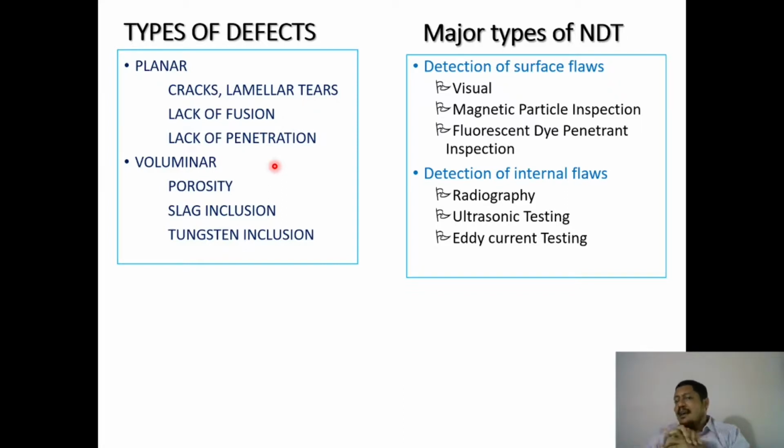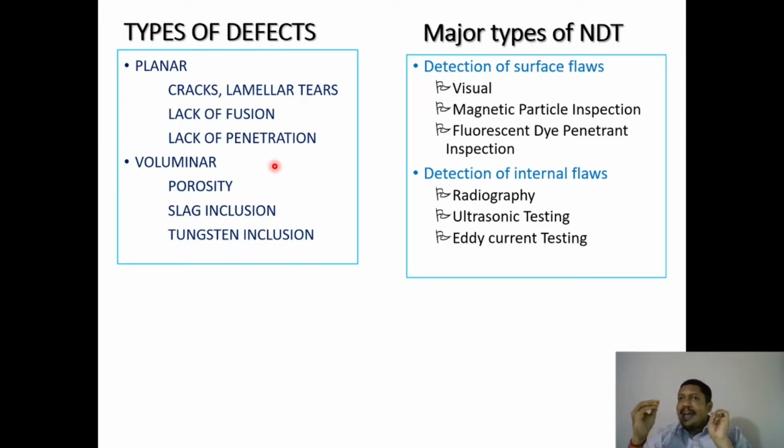If it is a surface flaw, you can determine it with the help of visual inspection. Visual inspection is one of the common inspection processes to see whether any surface defects are present on the material. You can go for magnetic particle inspection or fluorescent dye penetrant inspection to determine the surface flaw.